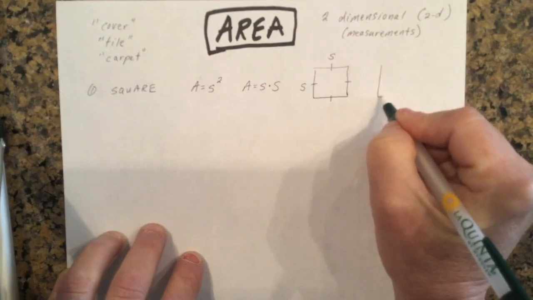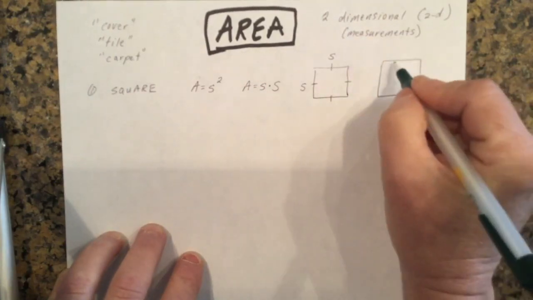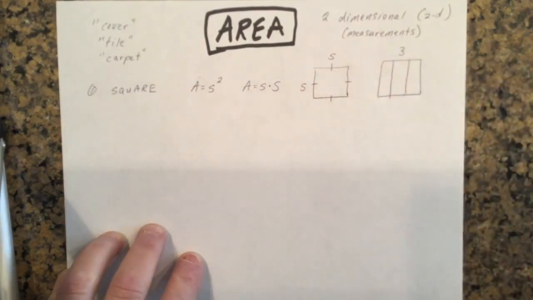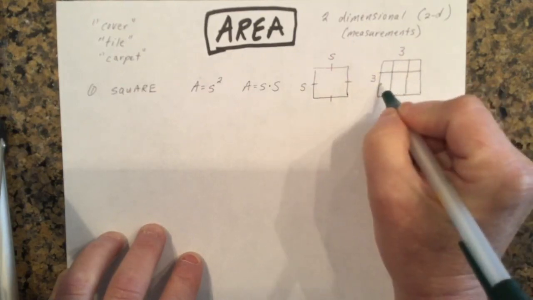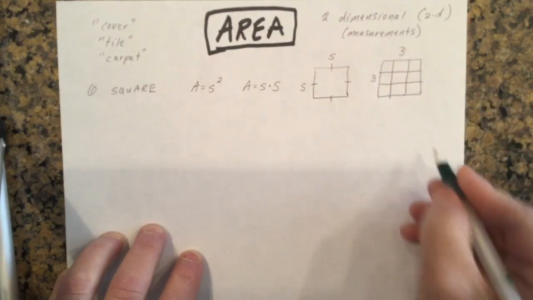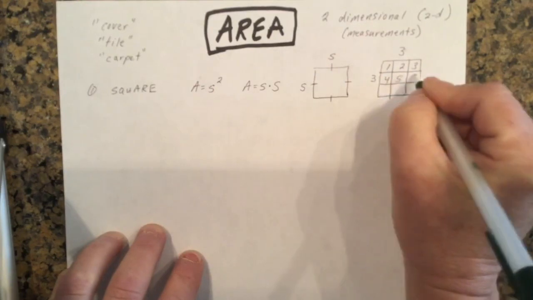And so to calculate the area, we could do an area model, okay? So if this side is 3, that means we have 3 columns, and this side is 3, that means we have 3 rows, and since it's a square, both sides have to be the same, right?